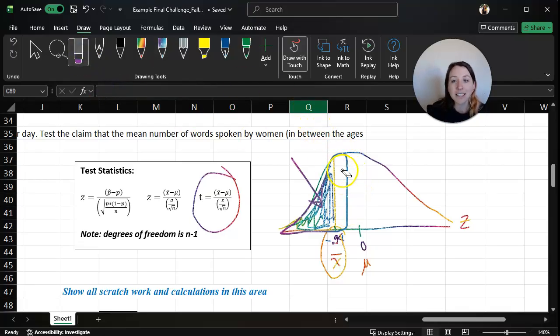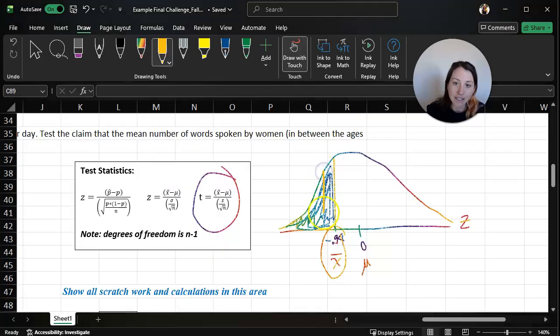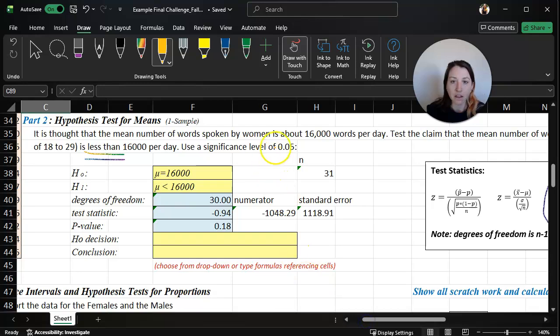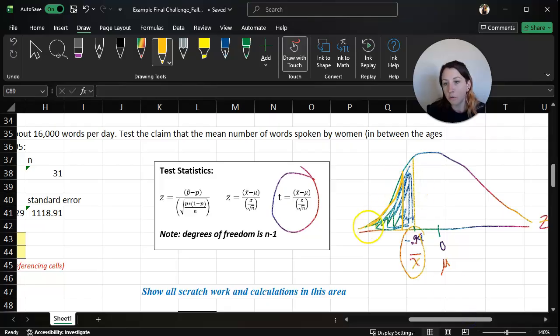That's not the case here. What we have is that our alpha, I'm going to use a different color here, is less. Alpha is 0.05. Our p-value is 0.18. Alpha tells us our rejection region, as we call it. If our test statistic falls within our rejection region, then we reject the null. If it doesn't, then we fail to reject the null.